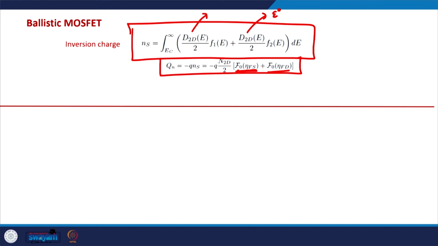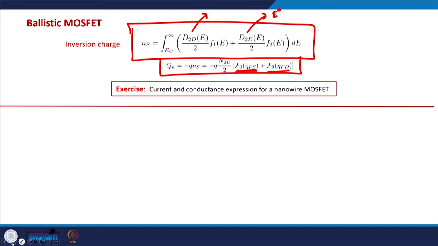So now this is again for you to do. This is like a homework exercise for all of you to do in order to have a better understanding of this kind of maths. I would recommend you to derive the current and conductance expressions for a nanowire MOSFET.